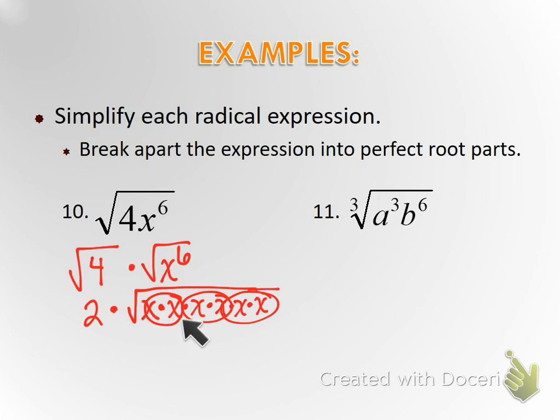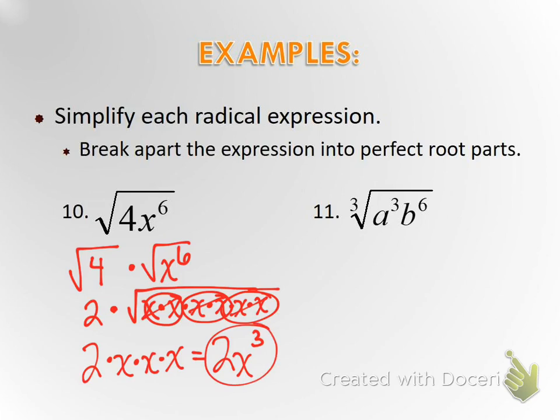Are we all okay with how there are 3 pairs? Okay, so every time we have a pair, one of those goes out. So how many x's are coming out? 3 of them. 1 from each pair. Do we have anything left under the radical? No, we used all of them up. There's nothing left. How would we rewrite 2 times x times x times x? 2x to the 3rd. Good, 2x to the 3rd.